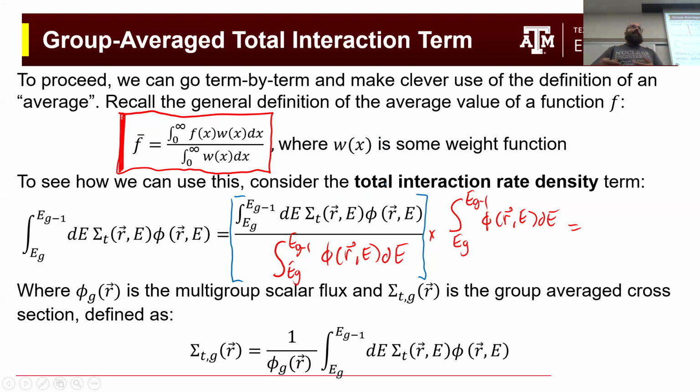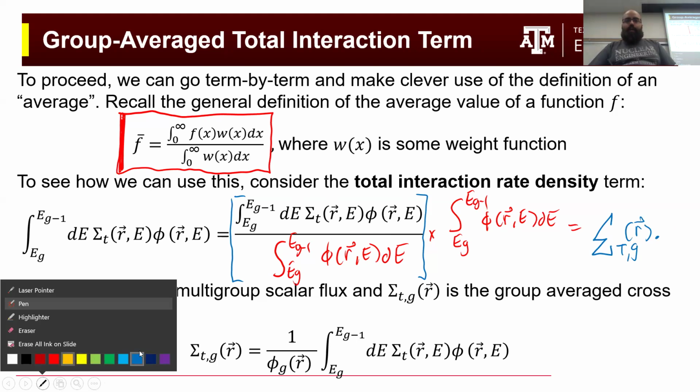And this is what I mean by making clever use of an average. This quantity right here technically is the group averaged total cross-section. So in the brackets, that by definition is sigma total for that particular group g. That's just by definition of an average. That's my group averaged total cross-section.